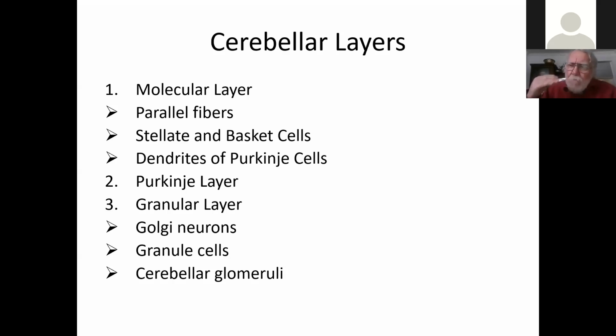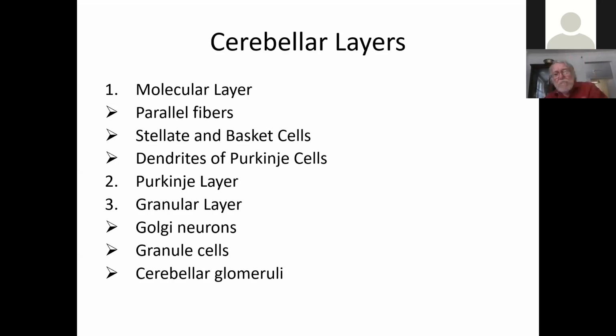So inputs coming from, and what does the posterior spinocerebellar tract carry? It carries largely lumbar and thoracic inputs from the lumbar and thoracic cord up into the cerebellum. Further, the cuneo-cerebellar tract will bring up inputs coming directly from the cervical level of the spinal cord.